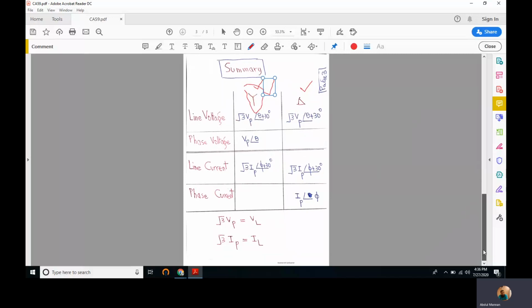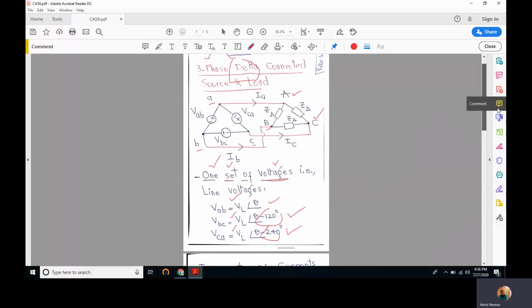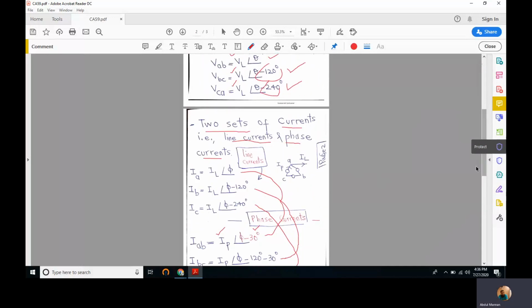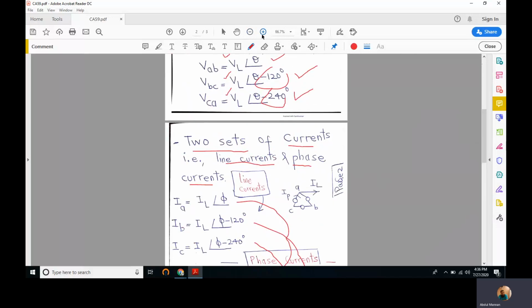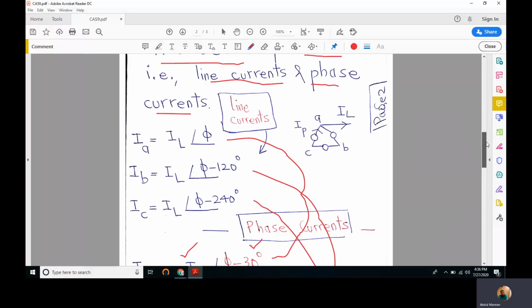So now let's see what is the difference between the phase current and line current for a delta-connected system. If we look at this triangular representation in a bit more detail, this is a delta-connected source or load. In order to better understand the difference between IL and IP, the line current and phase current, I have redrawn it, and I haven't mentioned whether it is a source or load.